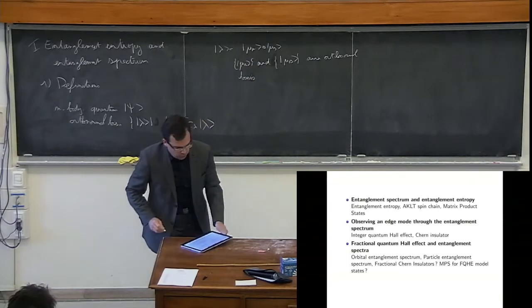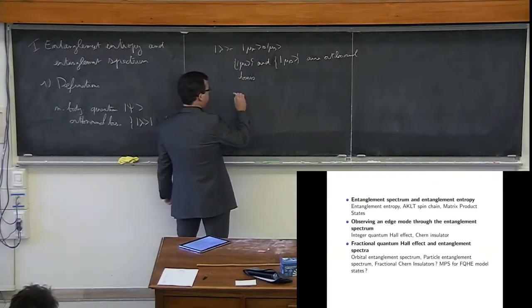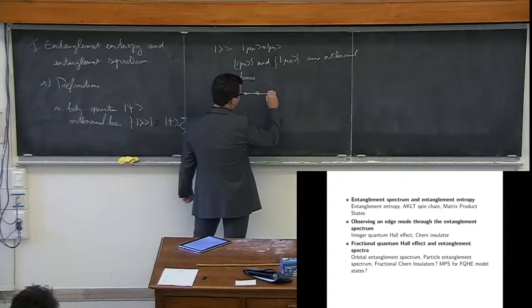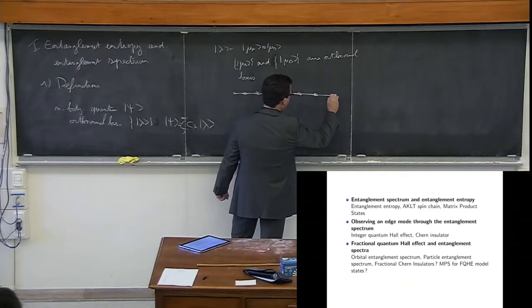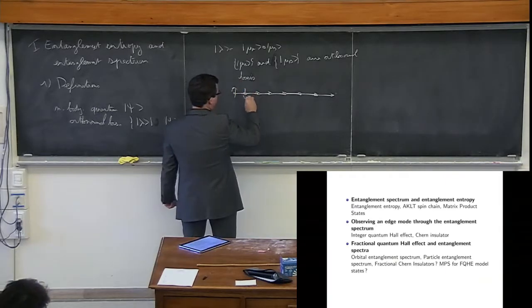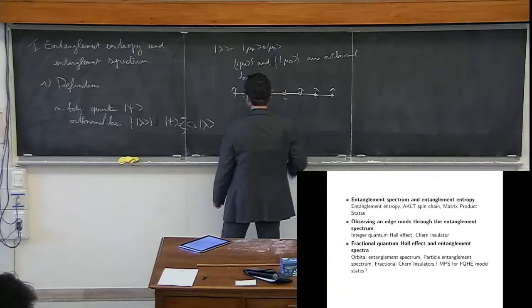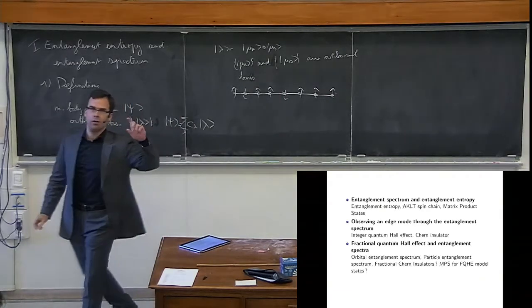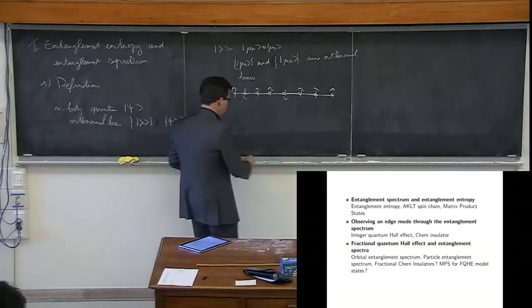So if you want to make this story more concrete, let's think about a spin 1/2 chain. So you have your spin 1/2 chain, it's like this. Of course, on each site you have a spin 1/2. You can be spin up or spin down.